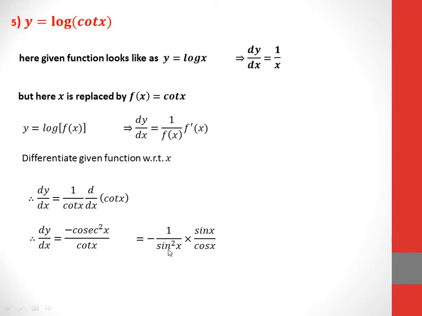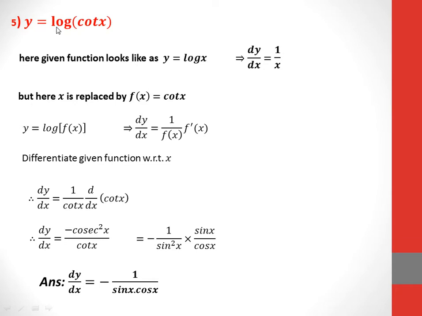So one sin x and this sin x will get cancelled, and finally we get the answer as dy by dx is equal to minus of 1 upon sin x into cos x. So this is just a simplification, but actually here the answer of the derivative is completed. If further simplification is possible, then you can write it as minus 1 upon sin x into cos x.